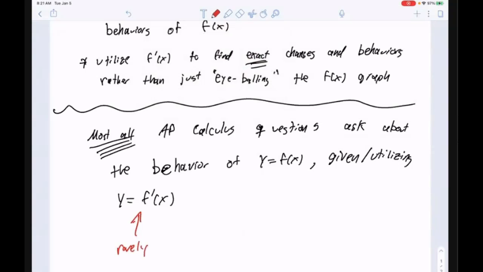Rarely, and I say rarely because it's not always, okay? It's not always, and I say most all because sometimes you are actually asked about the behavior of the derivative f prime of x, stuff like that.